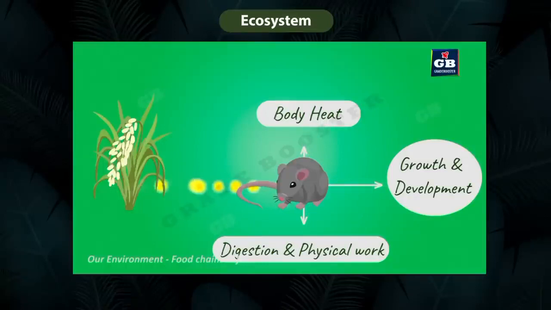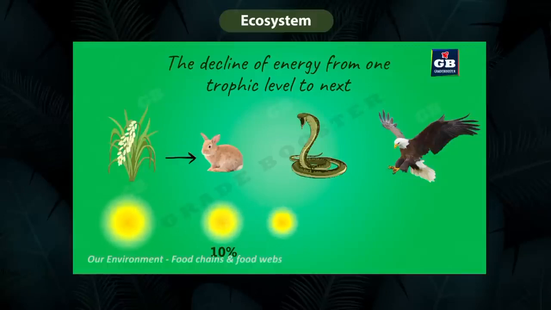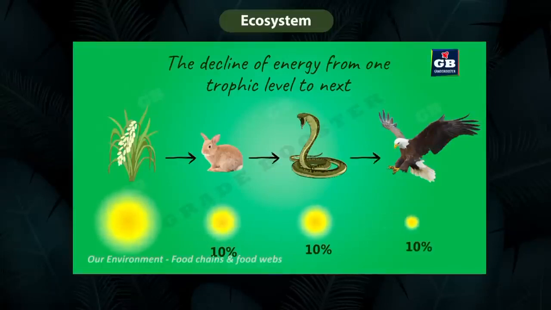On an average, only 10% of energy obtained from food is useful for body growth and development. The rest is spent for various activities. So in a food chain, only 10% of energy from level 1 is available for level 2. Only 10% of the energy from level 2 is available for level 3. And only 10% of energy from level 3 is available for level 4.